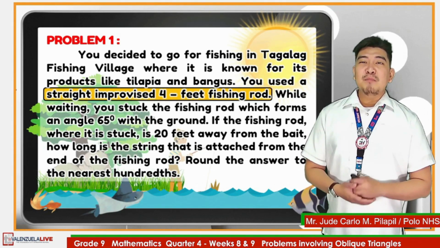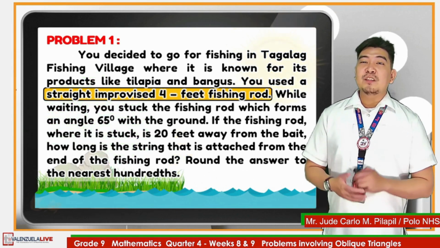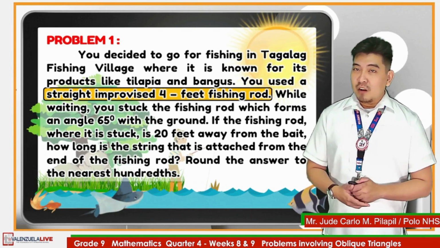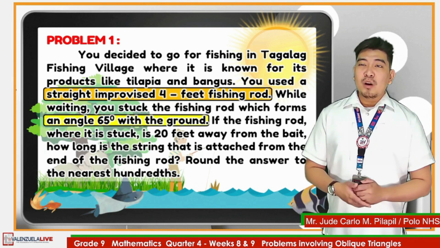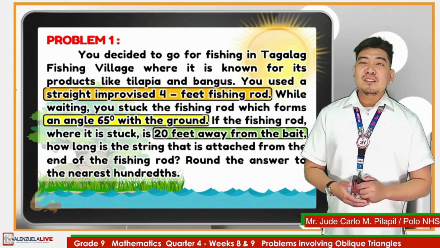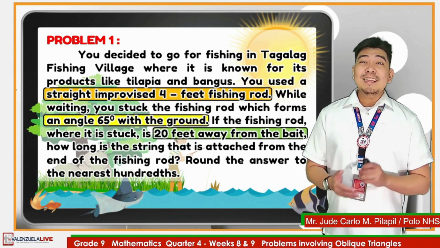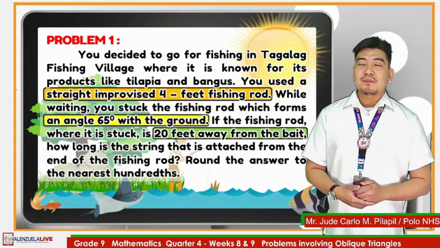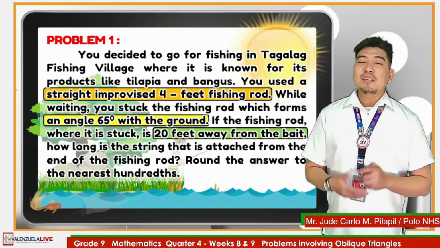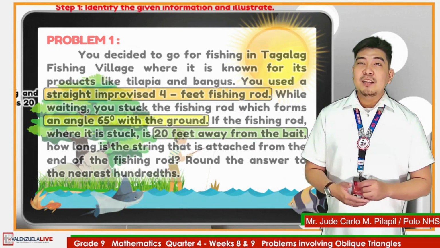The given information that we can use are the length of the straight improvised fishing rod, the angle formed with the ground, and the distance from the fishing rod where it is stuck to the bait. Let us use these facts as we illustrate the problem.